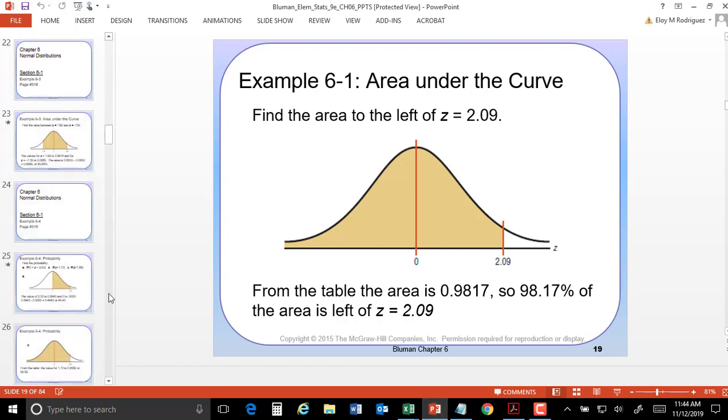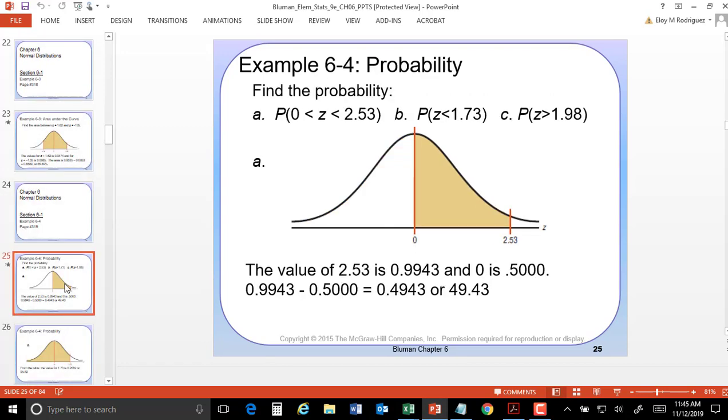Okay. So look, find the probability that the random variable z, because it's been standardized, is going to fall from 2.53 to 0. Well, what is the area from 0 on back? What's the area under the curve from 0 on back?